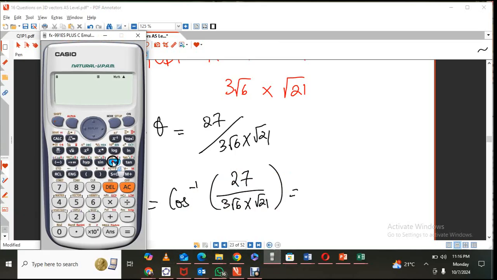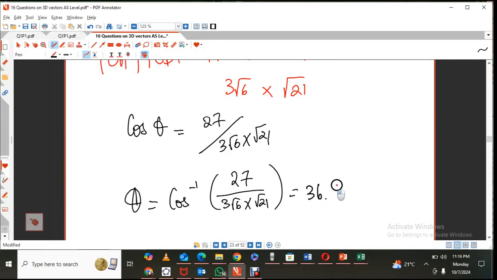Inverse cosine, of course, make sure your calculator is in degree mode. So that's 27 over 3 root 6 times root 21. We need to close that bracket. So it gives me 36.699, and so on.